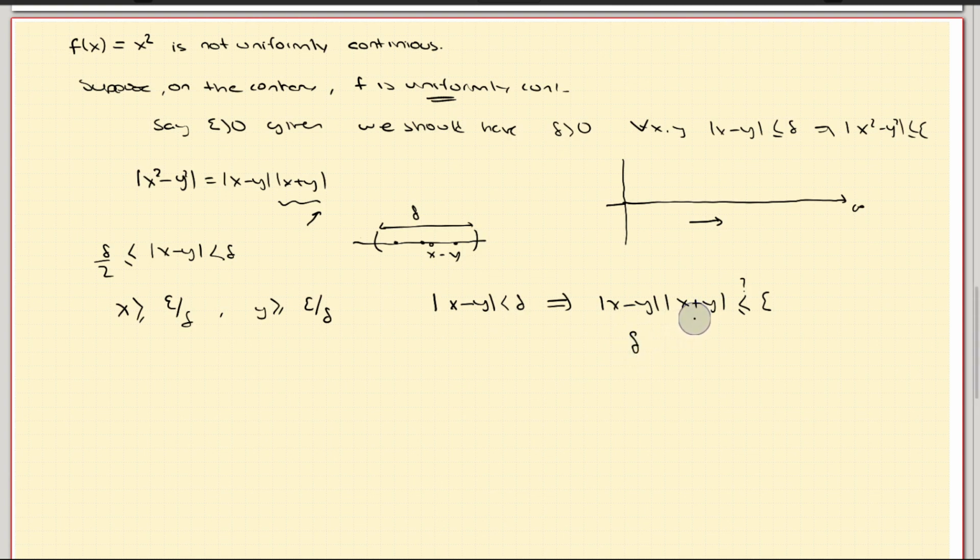And x plus y is greater than or equal to delta over 2, and x plus y is greater than 2 epsilon over delta, right? And this multiplication is greater than epsilon. So this can't happen. This is a contradiction. So we can say that f(x) equals x squared is not uniformly continuous.